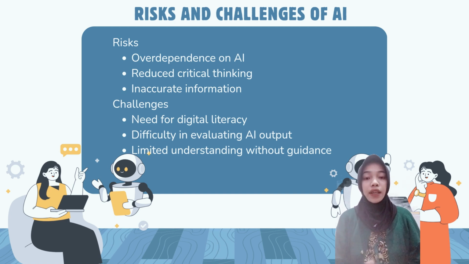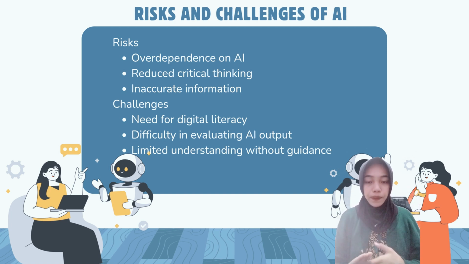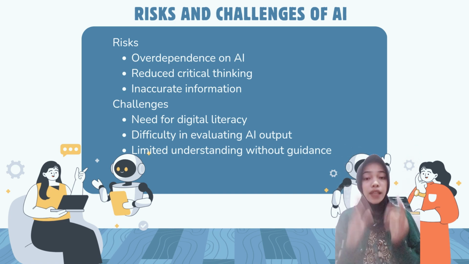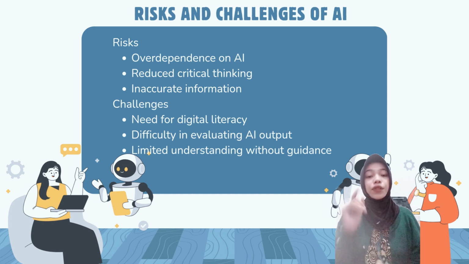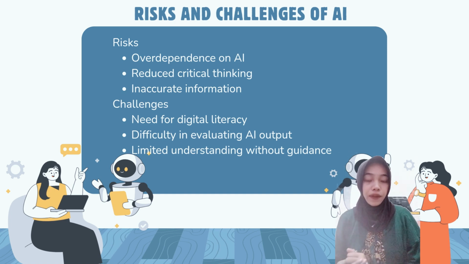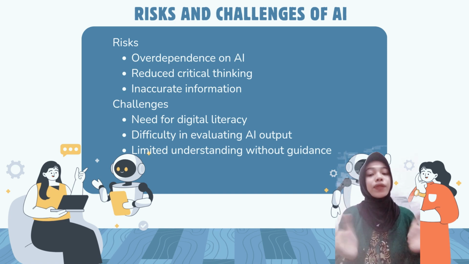Sometimes, AI might give incorrect or inappropriate answers. In terms of challenges, students need digital literacy. They must know how to use AI tools properly and responsibly. In addition, students might find it difficult to evaluate AI output, especially if they do not have enough knowledge. Therefore, teachers play an important role in guiding students in using AI effectively.